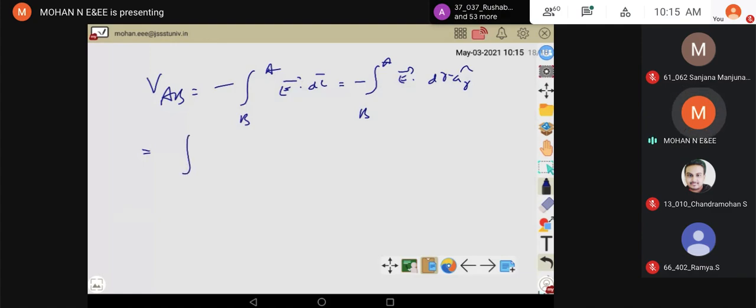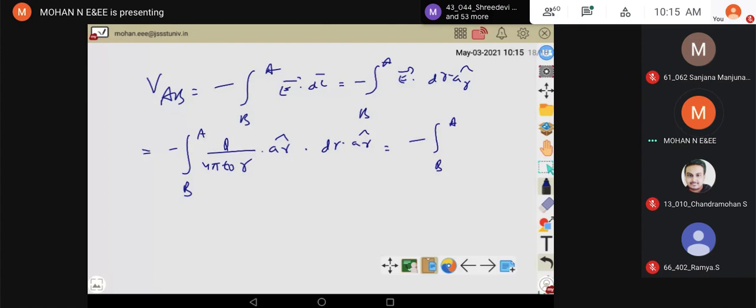And E vector we know is rho L by 2 pi epsilon naught R AR vector, into dr AR cap. So therefore we'll be getting minus integral from B to A of rho L by 2 pi epsilon naught, 1 by R dr. So this is what you get. So integration of 1 by R.